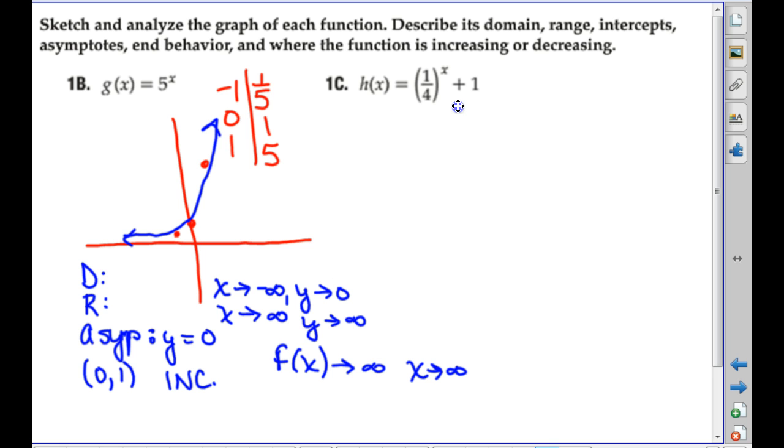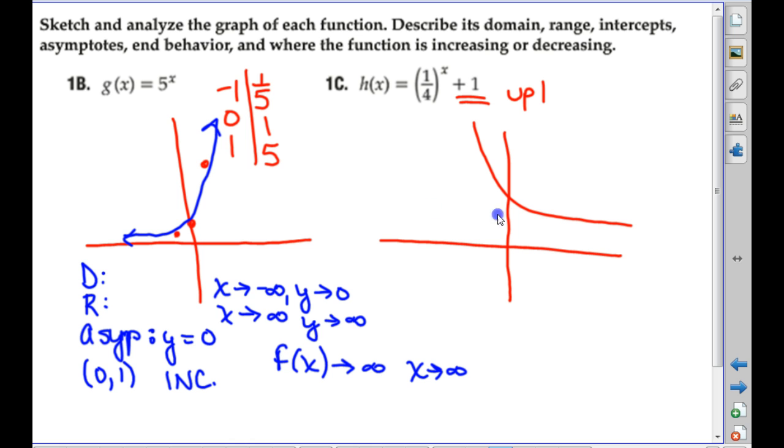All right, this one. This is a shift, guys. What's going on here? It's on the whole function, so it's going to go up 1. But otherwise, which one does it more resemble, 1a or 1b? 1a. It is decreasing.